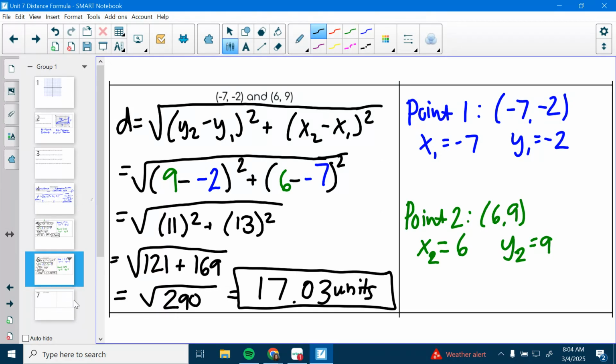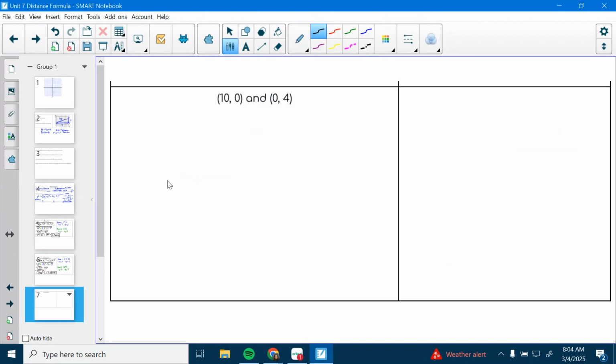Okay. The last one is available for you to do as an example on your own. What I would like you to try is to try doing it with our order switched. So we said order doesn't matter, so we're going to use the distance is equal to, and instead of putting our y's first, we're going to put our x's first, and instead of putting our x2's first, we're going to put our x1's first.